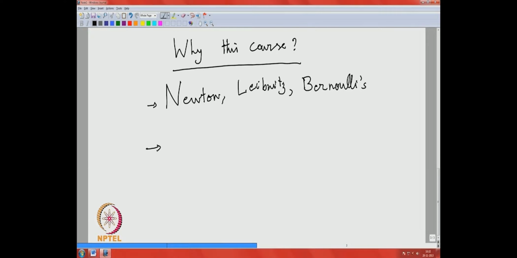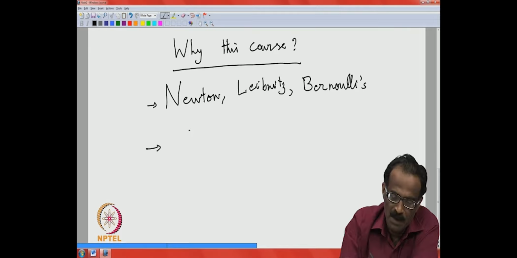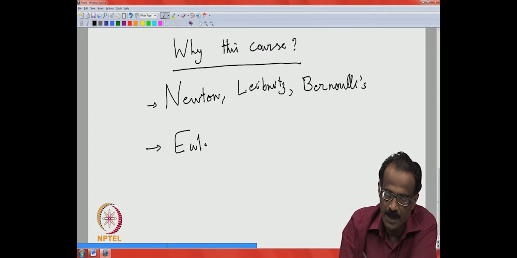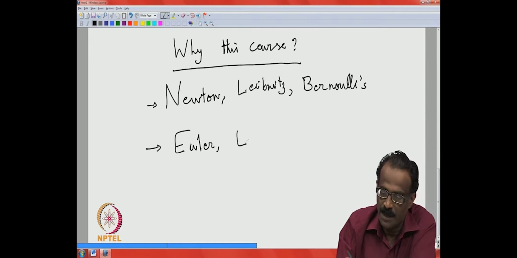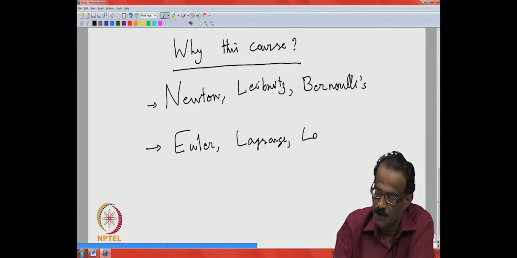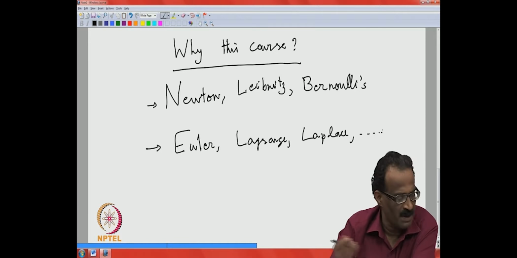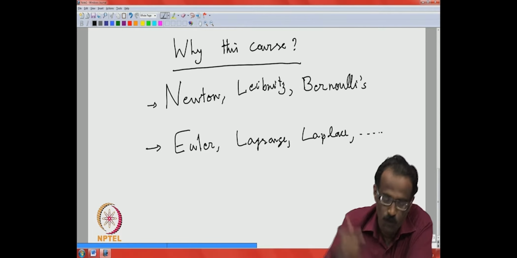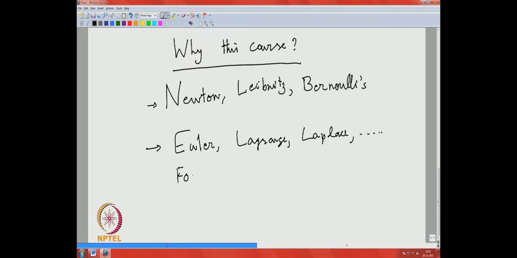Many other people contributed, like Euler, Lagrange, Laplace, Abel. There are many people like Poincaré, and of course Fourier you can't miss, and Gauss and many others. I will not be able to write all the names.